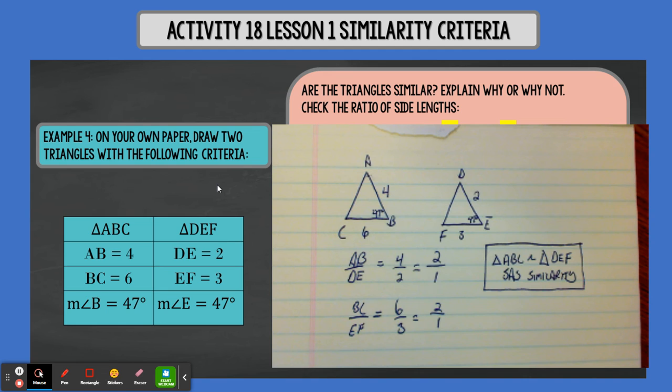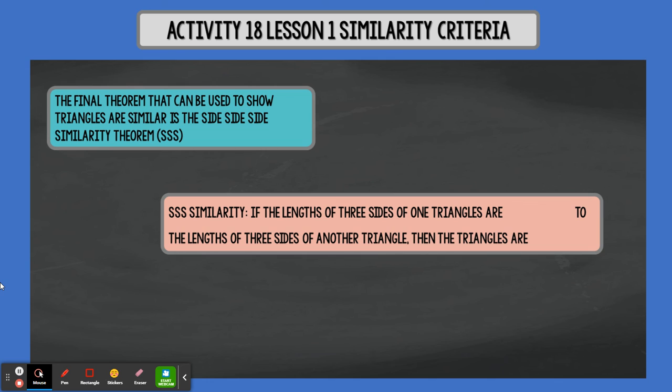Okay, the third one is side, side, side similarity. So I have angle, angle, side, and side, side, side.